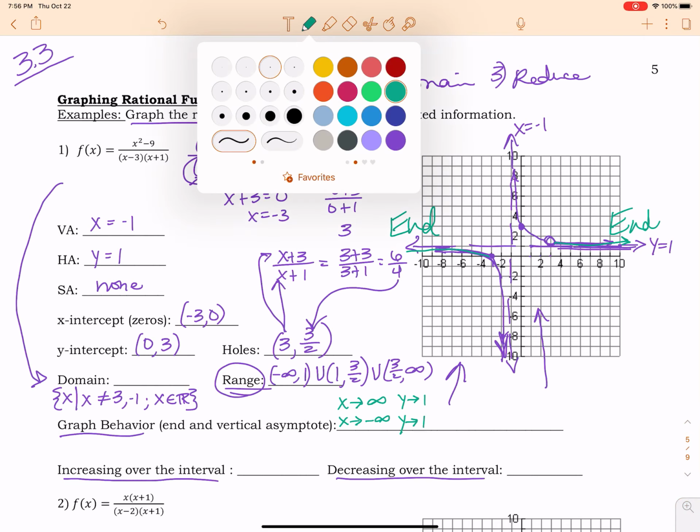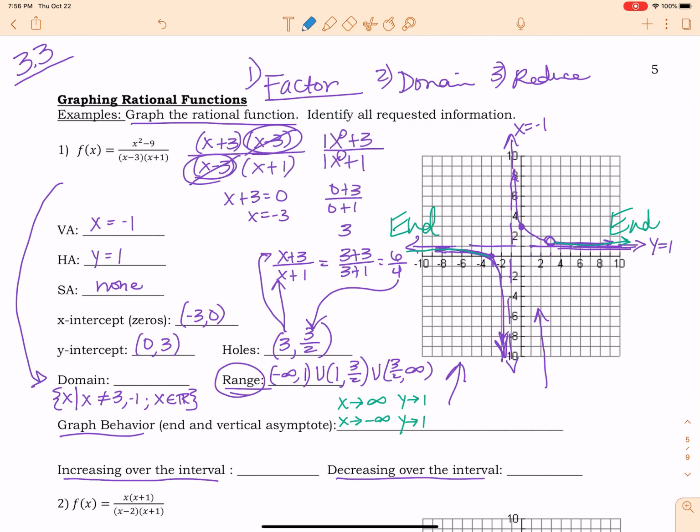All right, so I need to switch pen colors again because we need to look at the asymptotic behavior. Notice you're asked about the vertical asymptote behavior. That color's not different enough. Let's pick pink. Okay, so vertical asymptote here. So that is going to occur right here. Vertical asymptote, vertical asymptote.